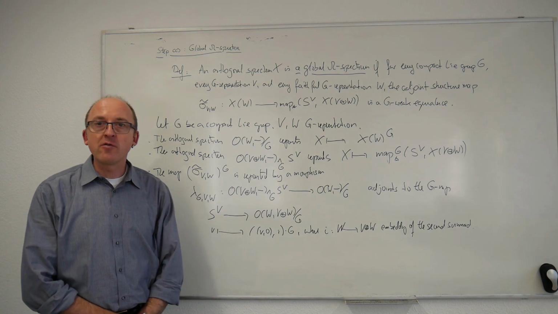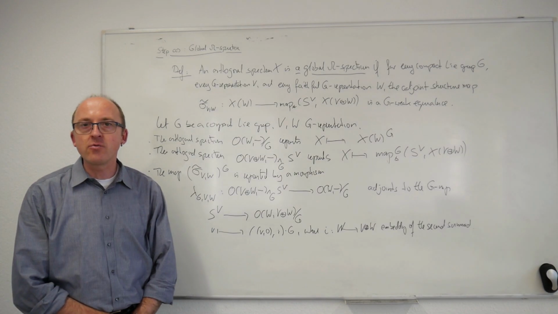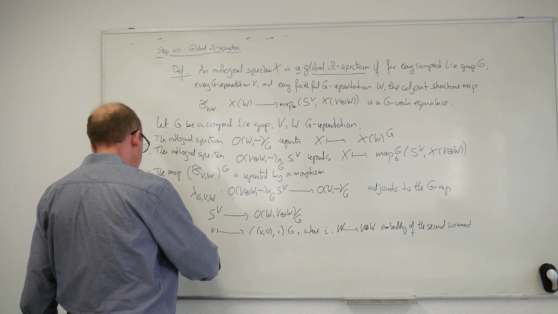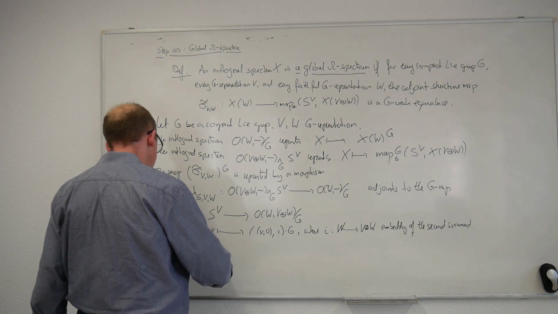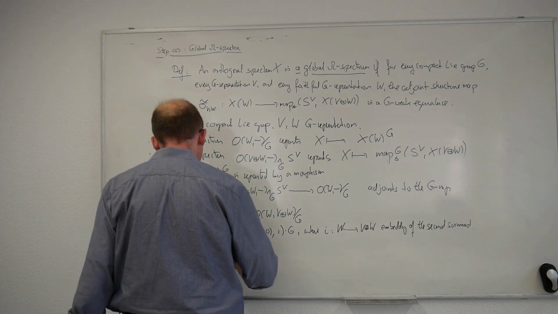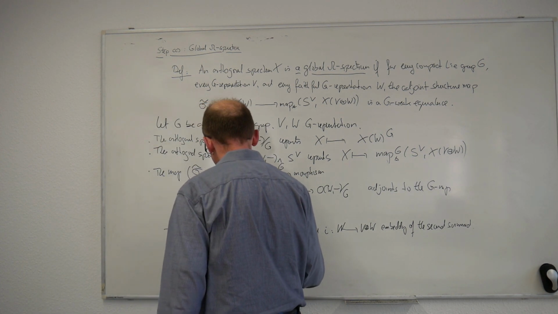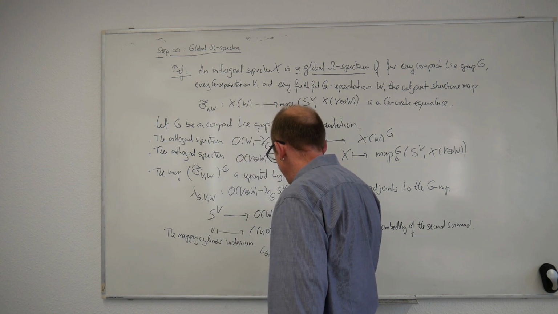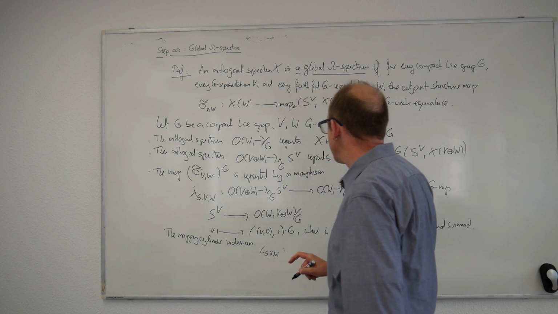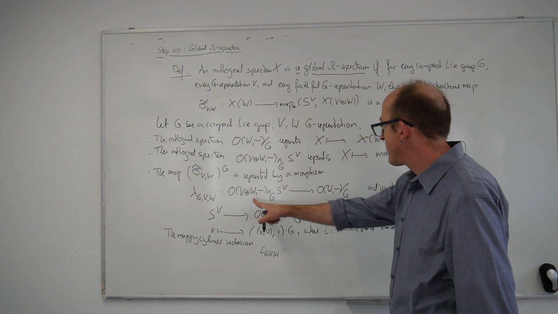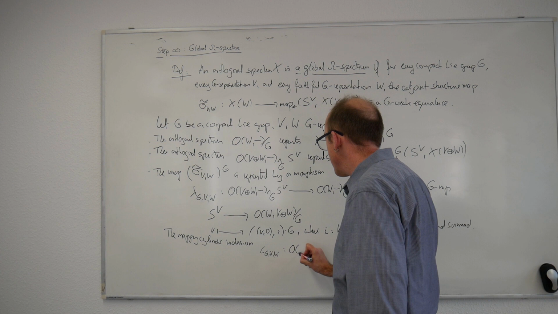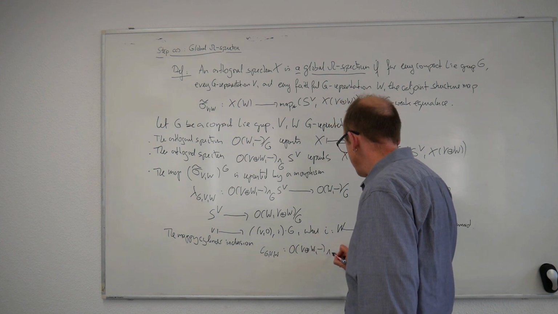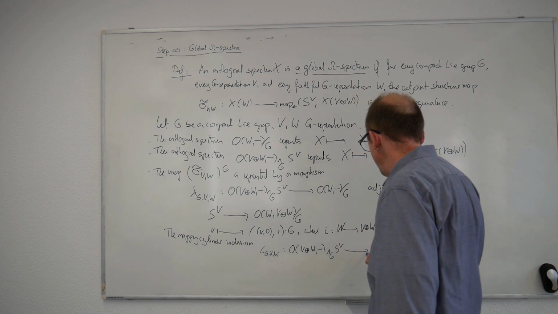The morphism is not a cofibration, but we can then easily turn it into one by performing the mapping cylinder construction. So the mapping cylinder inclusion, we write C, G, V, W for this. So this is the morphism from the source, from O of V plus W blank smash over G with SV, into the mapping cylinder.